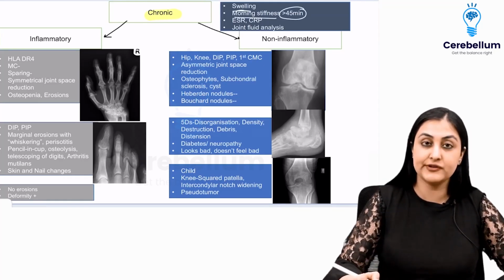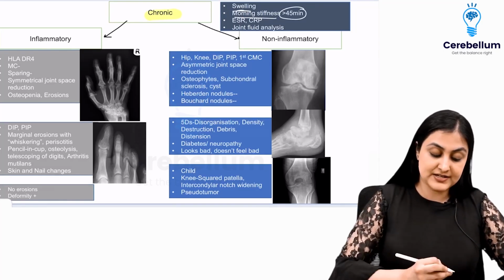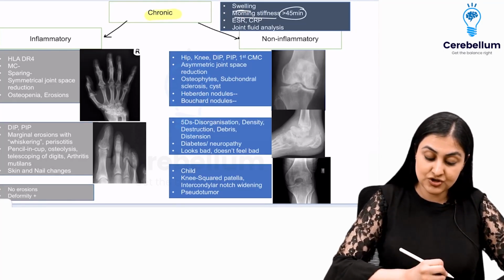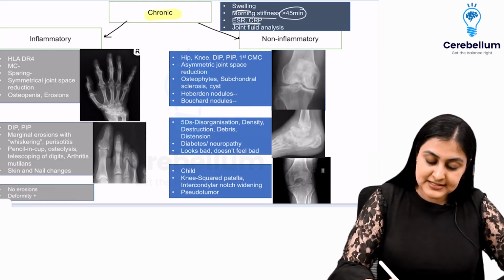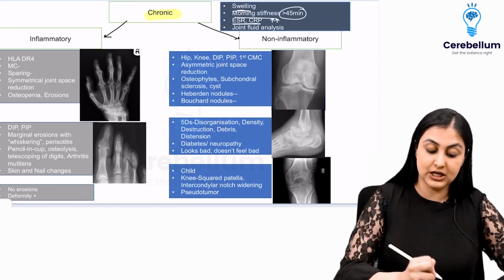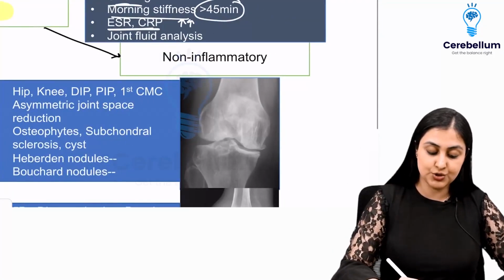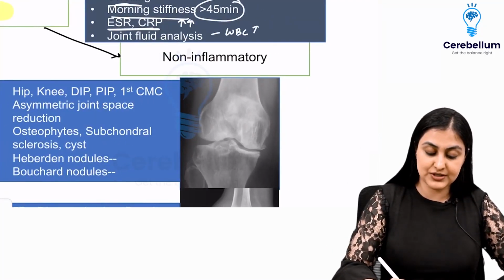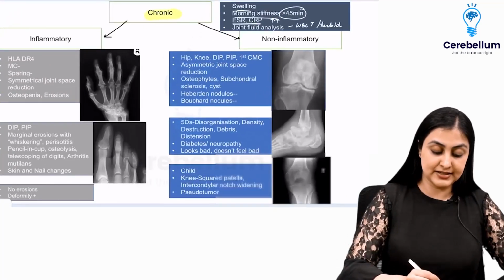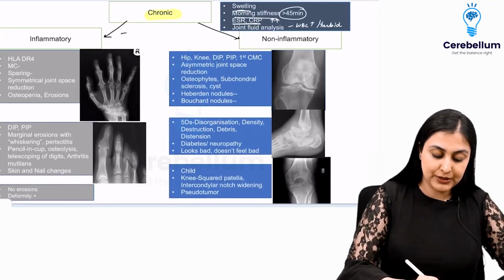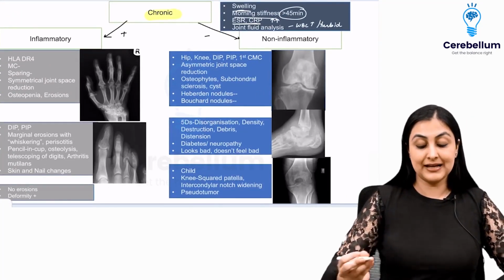When there is morning stiffness of more than 45 minutes, it suggests an inflammatory nature. If the ESR and CRP are positive or raised, again it suggests inflammatory. And on joint fluid analysis, when the WBC count is raised and there's a turbid nature to it, we will again say that it is inflammatory. So looking at the nature, we can guess.